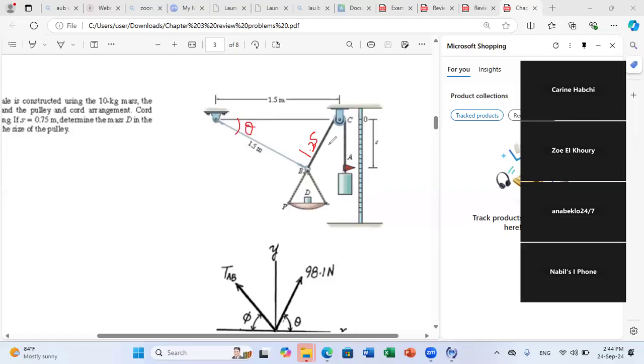I write 1.25 squared is equal to 1.5 squared plus 1.5 squared minus 2 times 1.5 times 1.5 cosine theta. I get theta. Once I get theta, I can move to the sine law to get, for example, beta here.